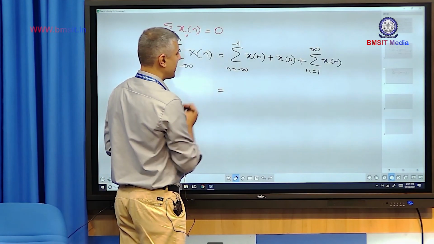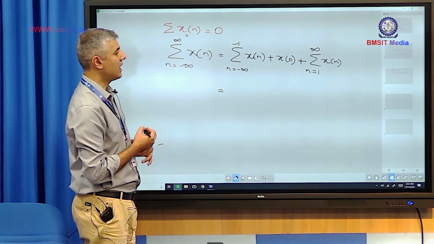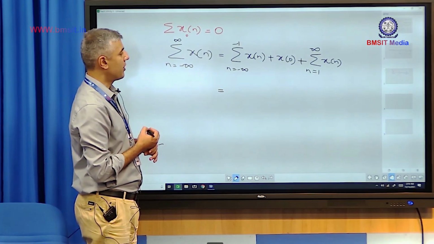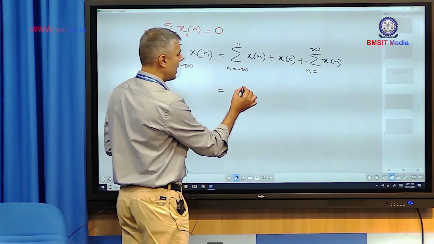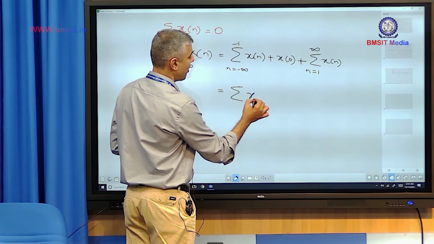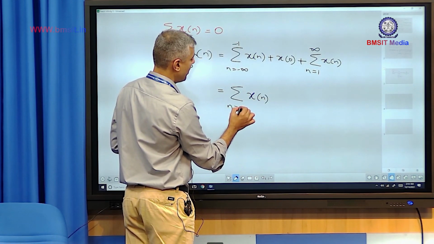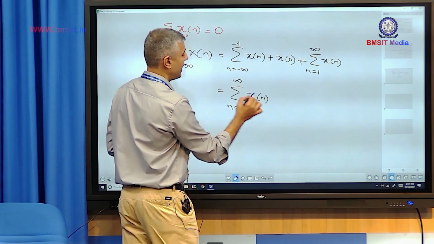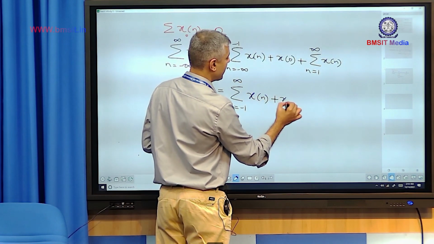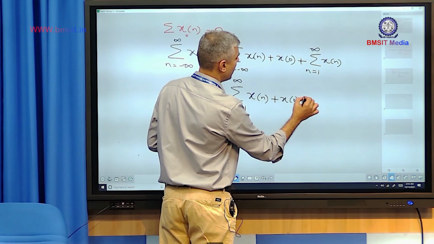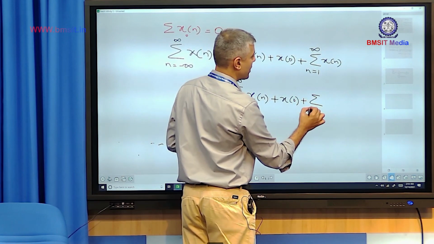Now let us make a small rearrangement. Since this is summation, I can write it as x of n, n from minus infinity to minus 1, and this is x of 0. I just changed the order of summation.